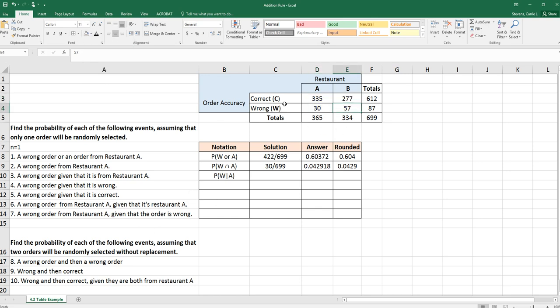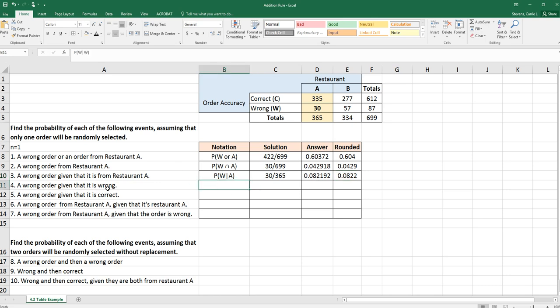I'm only allowed to consider these right now, because I have the given assumption that I'm in restaurant A. Within restaurant A, I have the number of wrong orders, rather. So that's why I get 30 out of 365, which works out to be that, which is rounded to 3 significant digits.